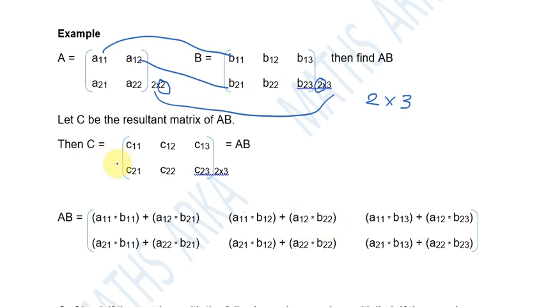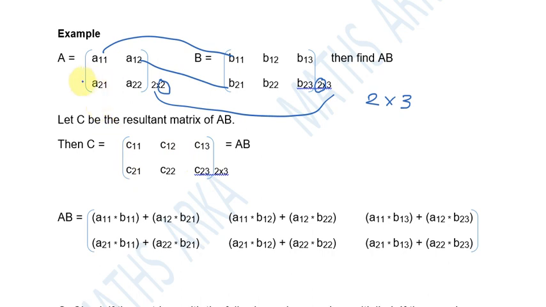There is a trick which is very easy to remember. If you look carefully at this resultant matrix, whichever element you need to find, for example C21, just check the row number is 2 and the column number is 1.